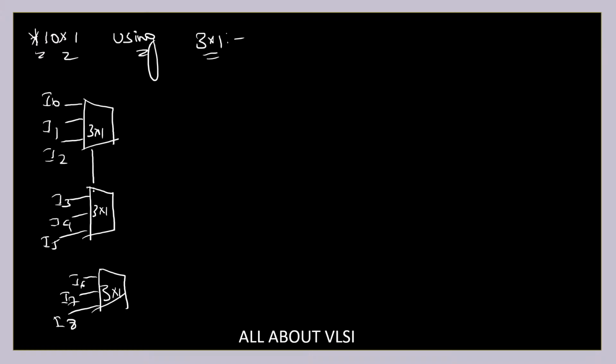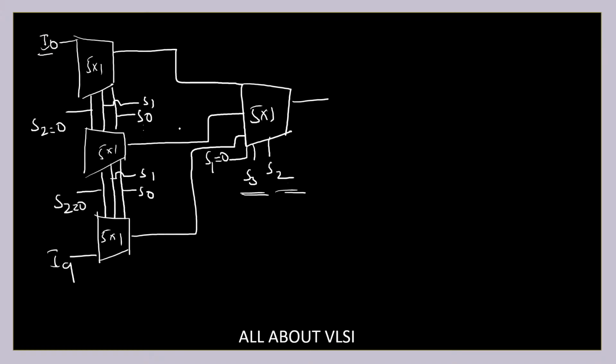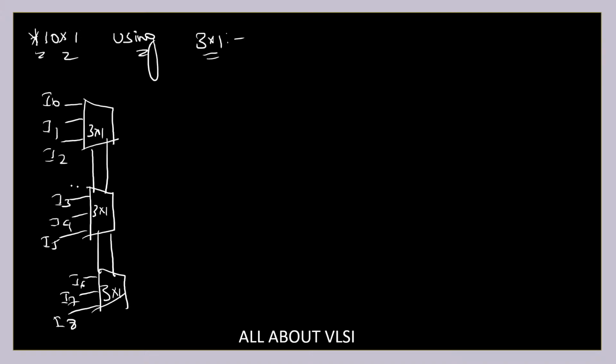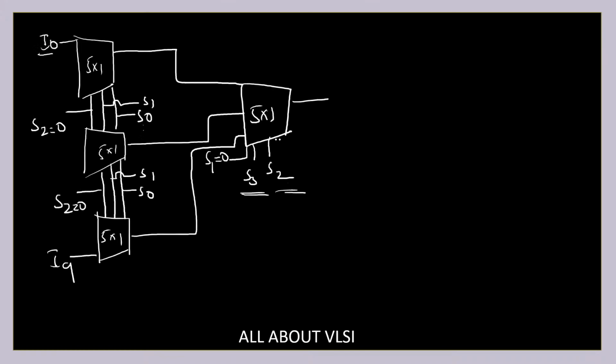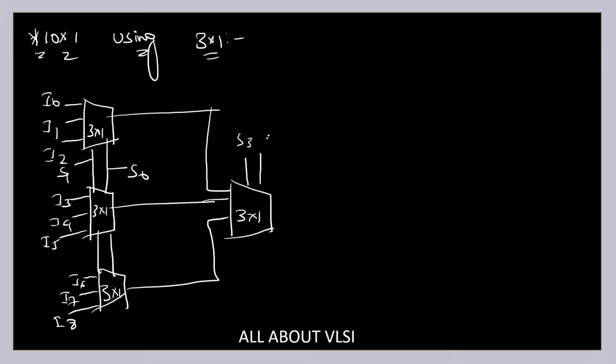And here I'm going to connect my select lines S1 and S0, and the other input is obviously 0. So if S1, S0 is equal to 1, 1, you're not going to get them. This will be given to one more 3 cross 1, whose select lines will be connected to S3 and S2. And here you are going to get your output.